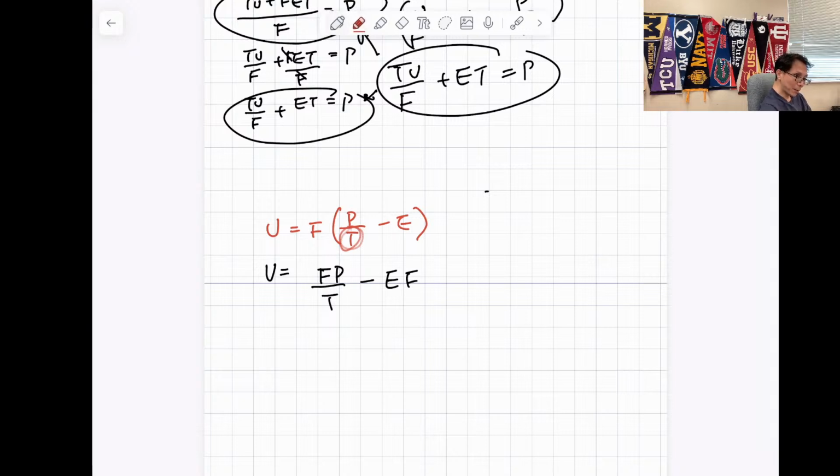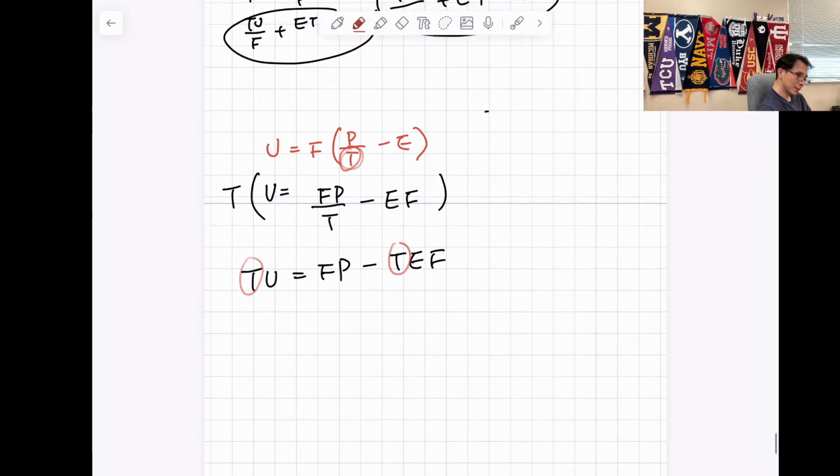I multiply both sides by t because I don't like fractions. So it'll be tu equal to fp, and t is going to cancel, minus tef. Now the t is on two separate sides, so there's a t and t here. So can I move this to the other side?